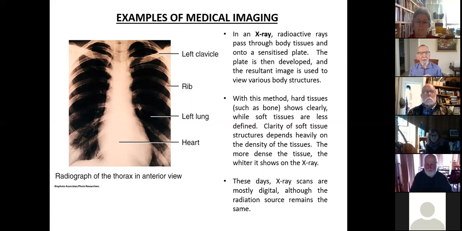In the old days, you had X-ray films on huge plates, and some of these are still used, but these days most of it is done digitally. Although the radiation source remains the same, the plates are all digital, it's fed into a computer, and you get amazing pictures much more quickly than from the old days where the plate had to be developed, just like film. So it's come a long way.